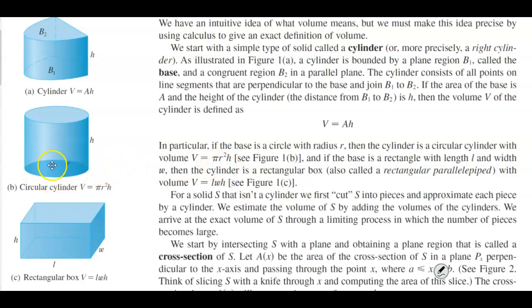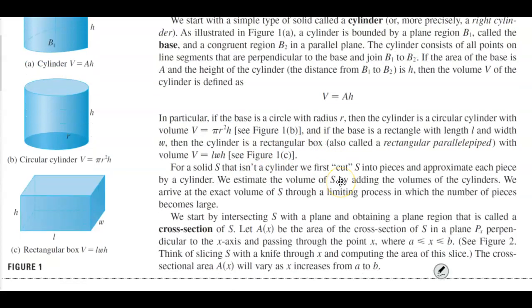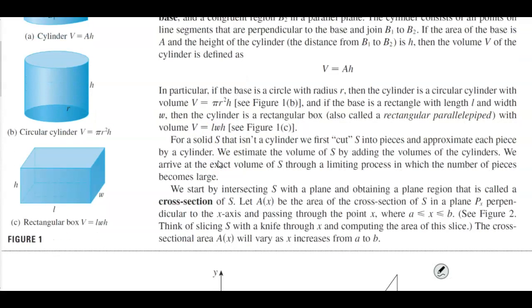The area of a circle is pi r squared, and you multiply it by the height h. If the base is a rectangle with length L and width W, then the cylinder is a rectangular box, also called a rectangular parallelepiped, with volume V equals L times W times H, which is length times width times height.